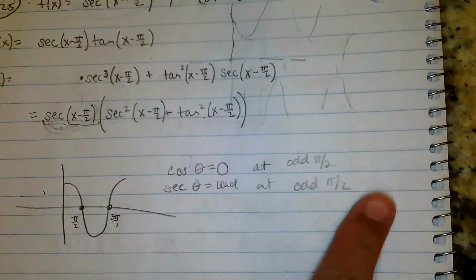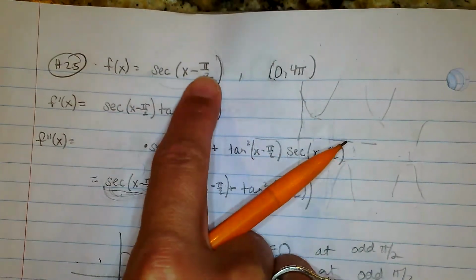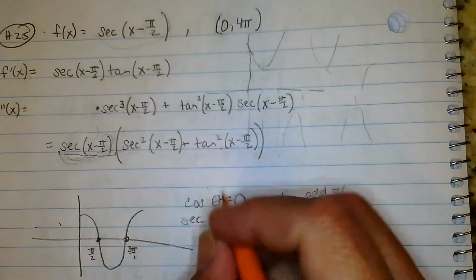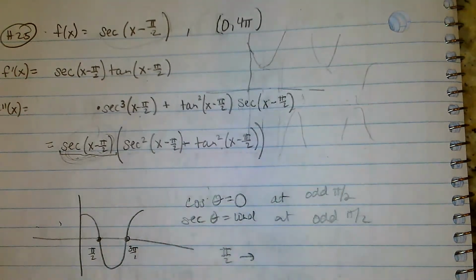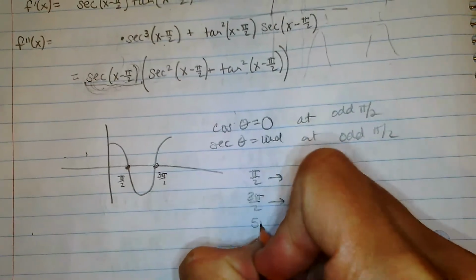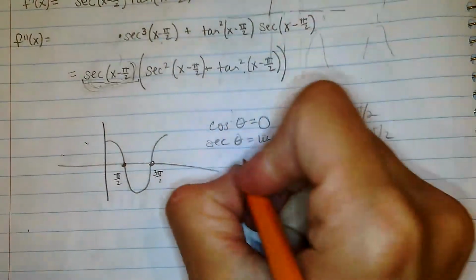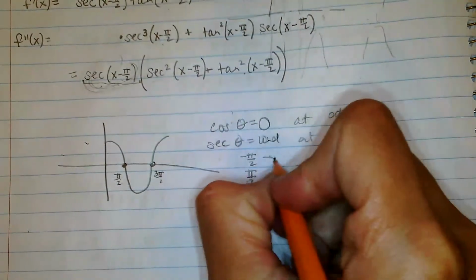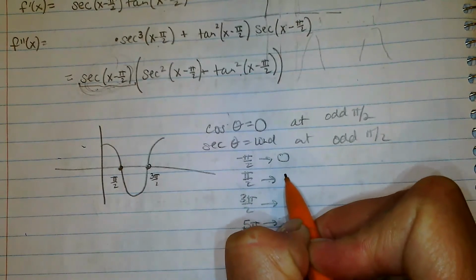But every one of those odd pi's over 2 got shifted right pi over 2. So pi over 2 got shifted, 3 pi over 2 got shifted, 5 pi over 2 got shifted, and actually negative pi over 2 got shifted. To the right pi over 2 would put that at 0. To the right pi over 2 would put that at pi.